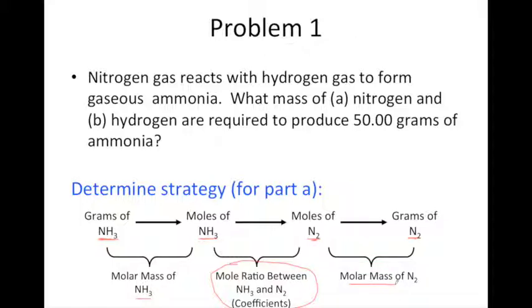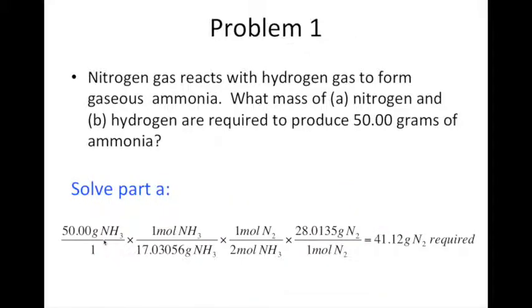So let's go through those calculations. We're going to start with ammonia, 50 grams of ammonia. I'm going to convert that to moles using the molar mass of ammonia. 2 moles of ammonia require 1 mole of nitrogen. And I get this, of course, from the balanced chemical equation. That's my stoichiometric ratio of the coefficients.